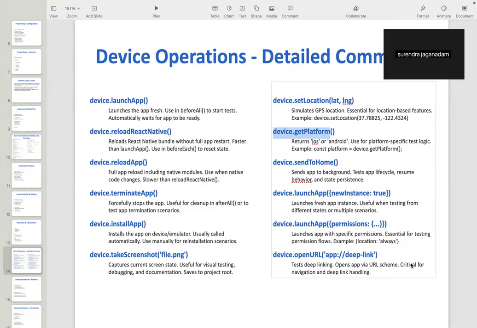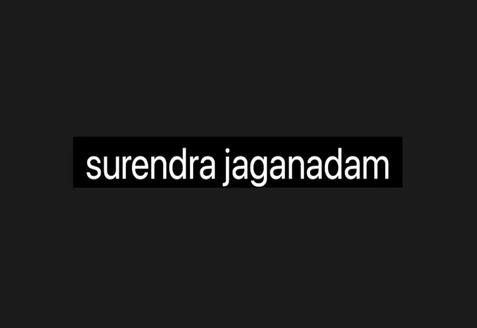If you want to launch a fresh app instance, you just need to pass launch app with a new instance, which deletes the complete session and everything, so a brand new instance is launched. If you want to set certain permissions for your app at launch time itself, you use launch app permissions, where you might give location as always, and so on.